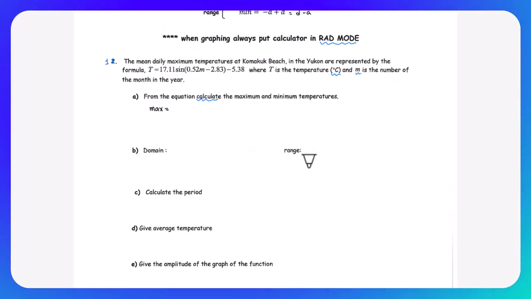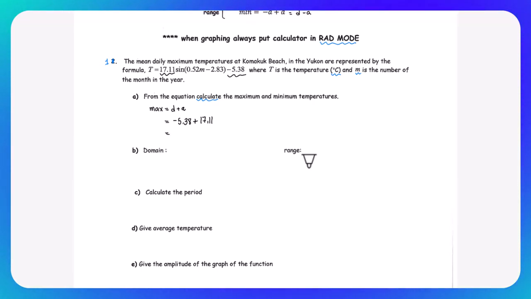So let's look at the max. The max is D plus A. The D value in our equation is minus 5.38. So the max is minus 5.38 plus A, which is 17.11.